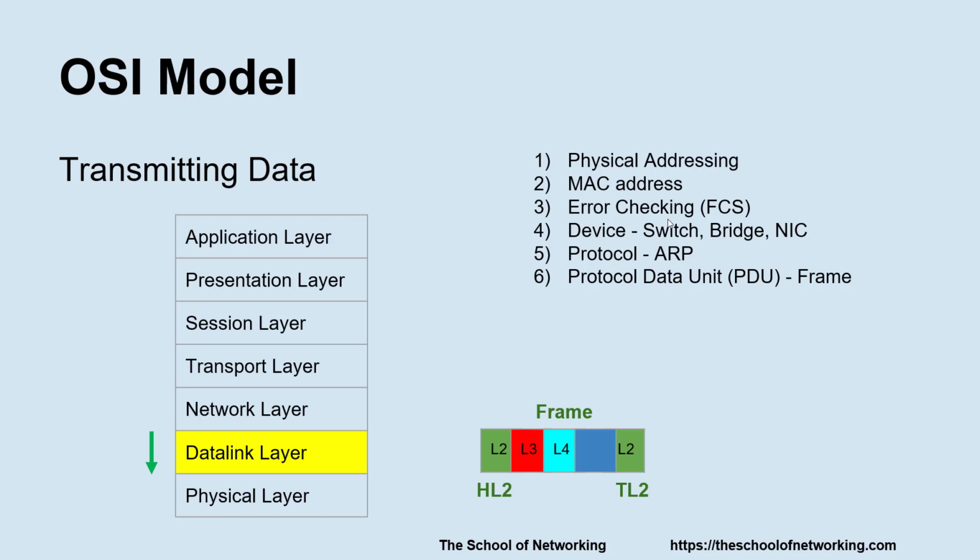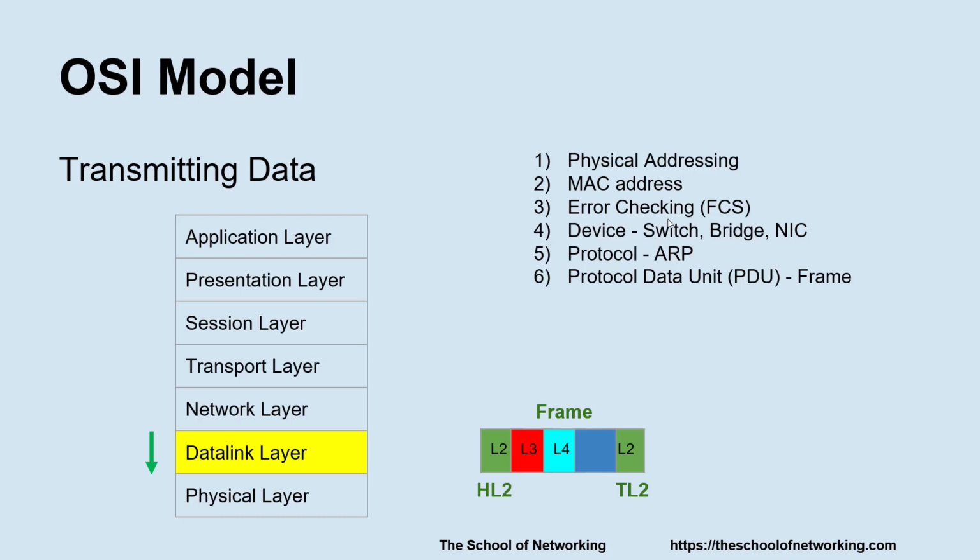At the data link layer, we do physical addressing. That is, the MAC addresses are assigned in the header, and an FCS is added as a trailer, which is used for error checking. The devices that work at layer 2 are a switch, a bridge, or a NIC, network interface card.